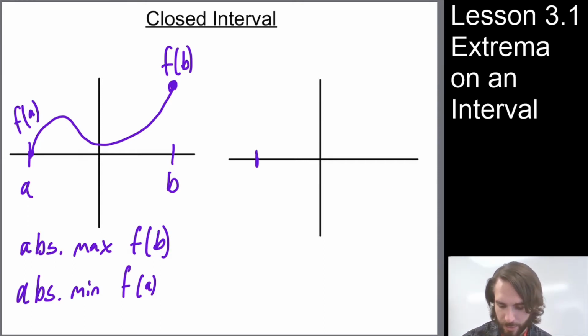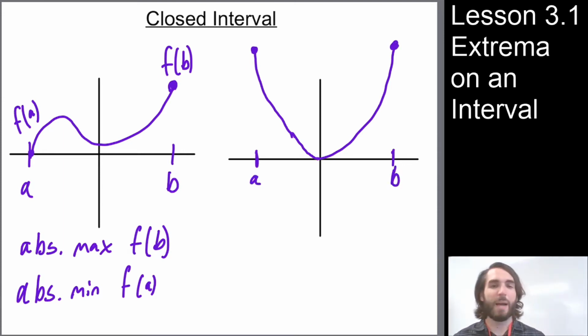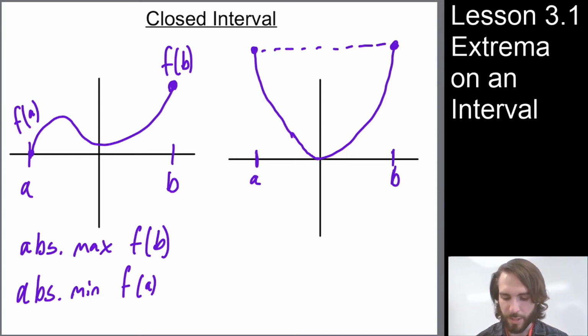Let's look at another one here, where we have something that looks like this, maybe a sort of parabolic shape, but not a very good one. All right, a and b. It can happen that the maximum values are the same, so let's pretend these are equal.